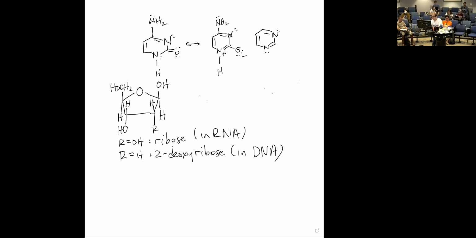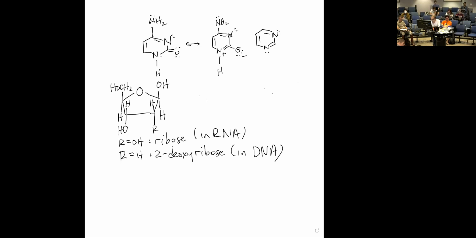I've defined nucleosides in your class notes. It's an N-O-acetal, and we're going to define that also when we actually draw the structure. We're going to define it using a picture. But it's a functional group called an N-O-acetal with one of these nitrogen bases with either ribose or deoxyribose, depending on whether it's the type of nucleoside you'd find in RNA or the type of nucleoside you'd find in DNA.